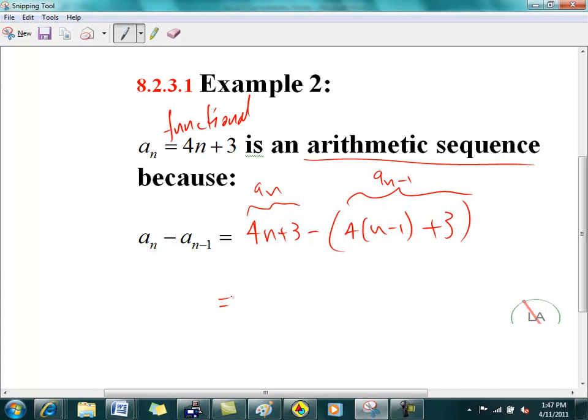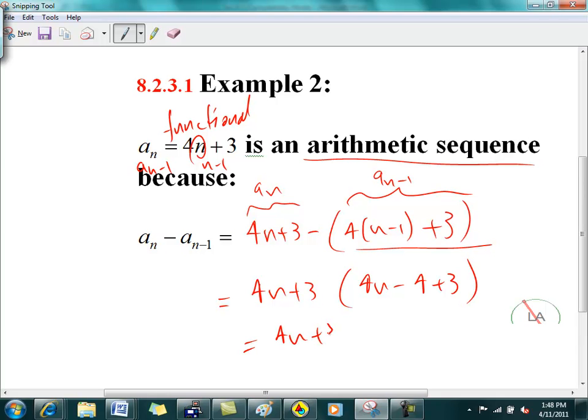Okay, so to get n minus 1, all I do is I make this n minus 1. And I get that. So then this becomes a sub n minus 1. If I massage this and do a little bit of math on this, everybody get a 4 out of there?